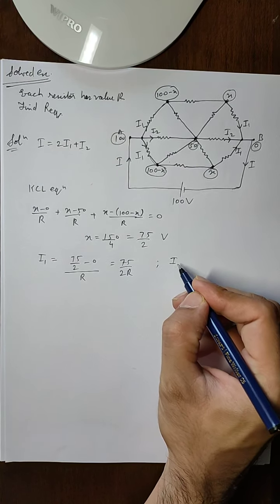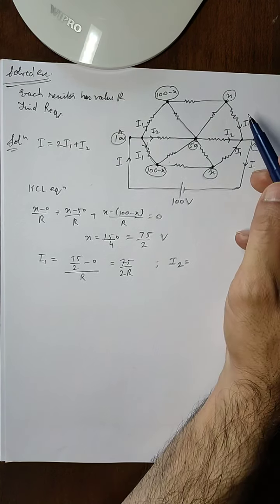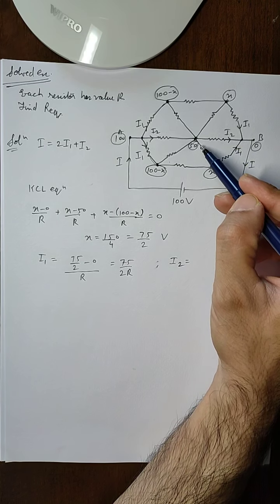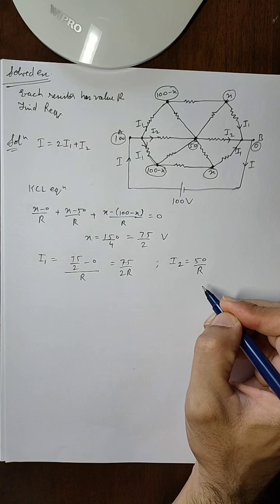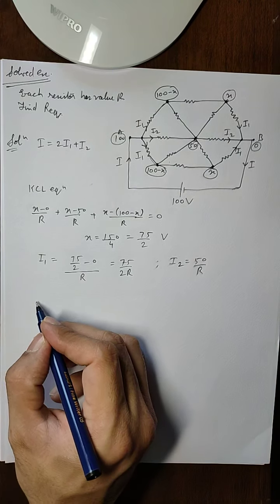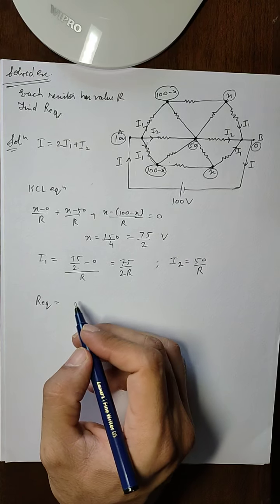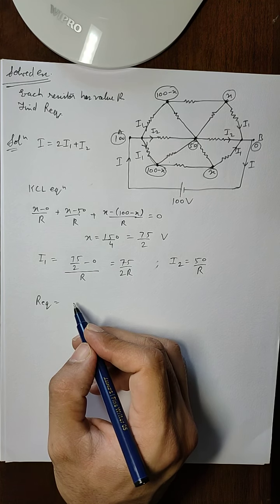And similarly I2 should be equal to 50 minus 0 upon R, so we can directly write it as 50 by R.